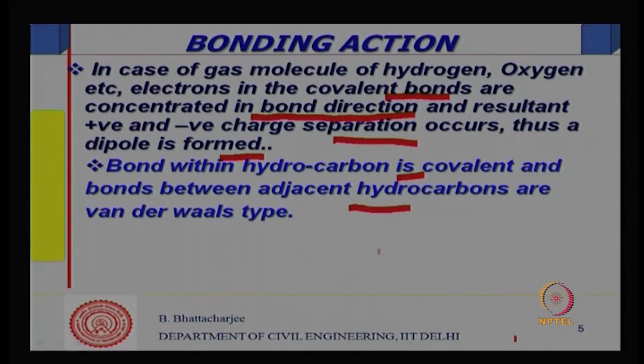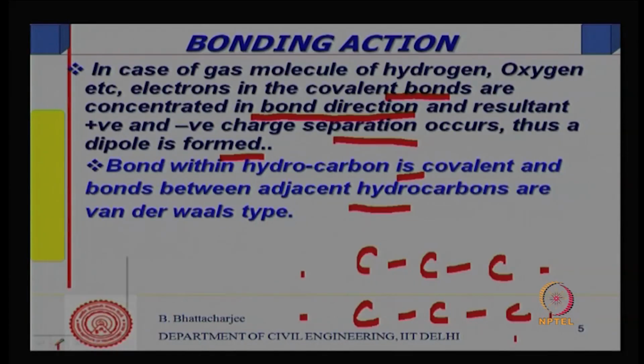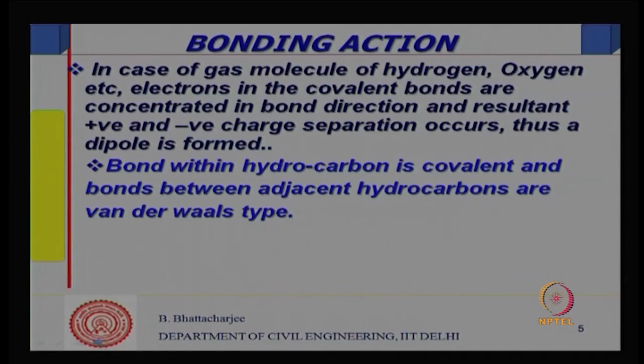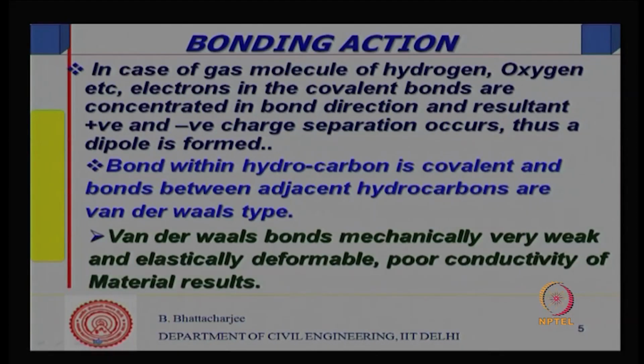For example, if you have carbon chains, these are all covalent bonds, but if I have 2 such chains, in polymer fibers for example, then the bond between these two would be intermolecular type, like the van der Waals bond. So, they are bonded by this kind of action, they are bonded by weak forces.